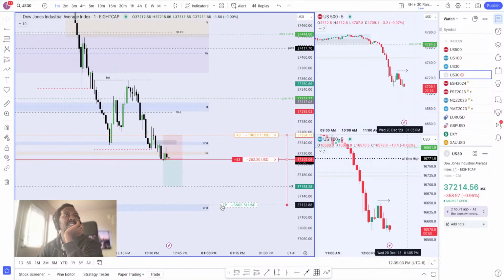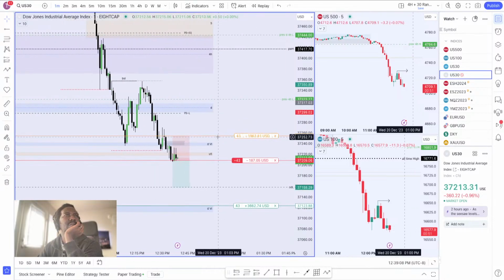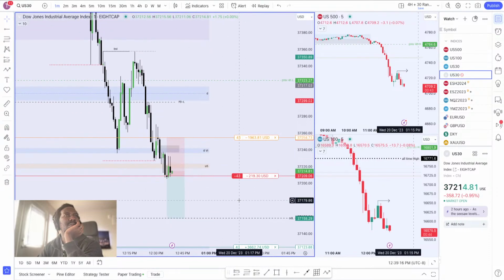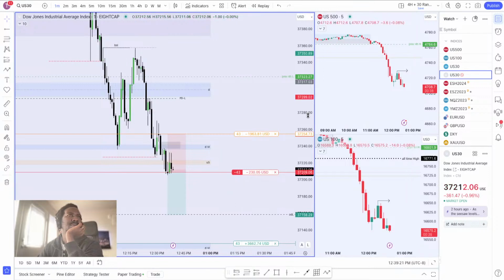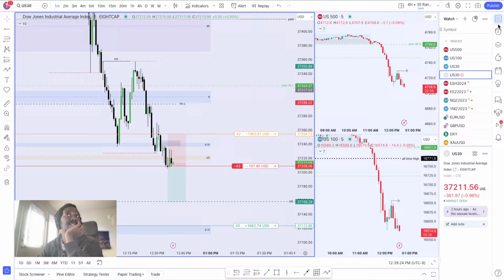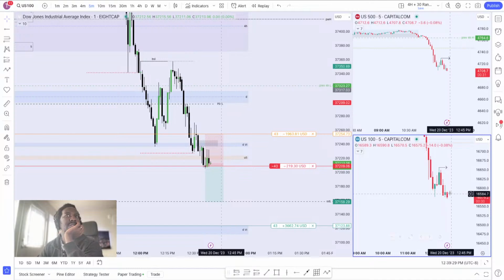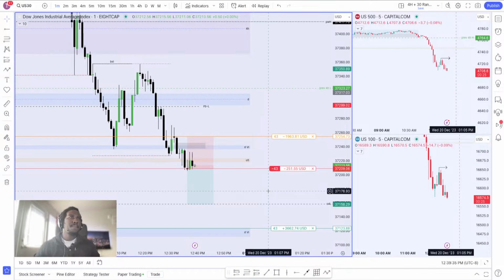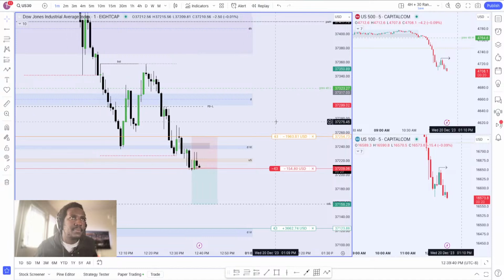My final TP, I can just have it right there. And I already know where to put the stop loss though, at this low. Everything is looking bearish, right? So everything is just looking like it wants to keep on going down. Otherwise, my plan says that swing high is your entry to go up.